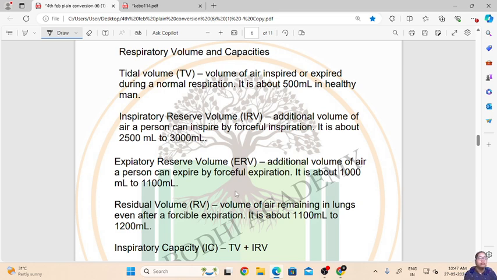Then comes your inspiratory reserve volume, that is IRV, the additional volume of air a person can inspire by forceful inspiration. This is about 2500 ml to 3000 ml. Then comes your third one, expiratory reserve volume, that is ERV, the additional volume of air a person can expire by forceful expiration. It is about 1000 ml to 1100 ml.